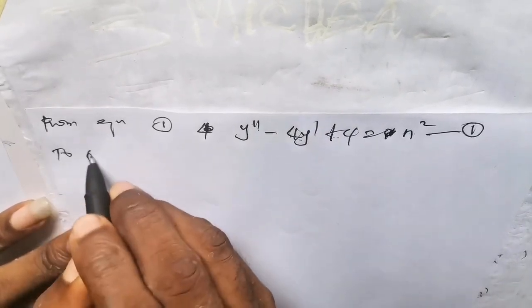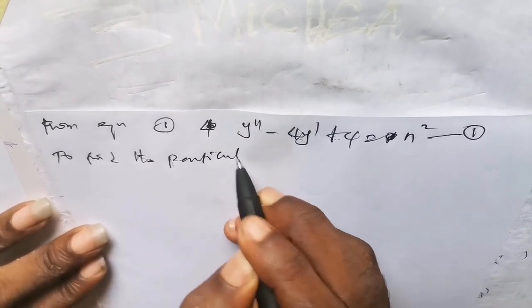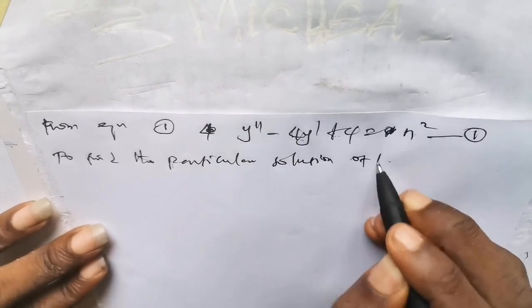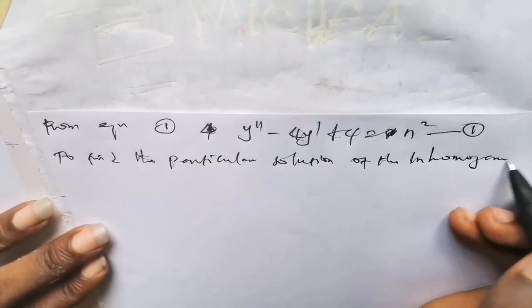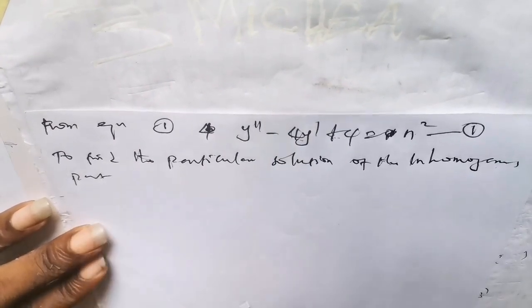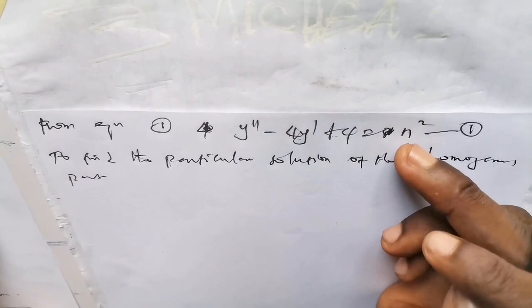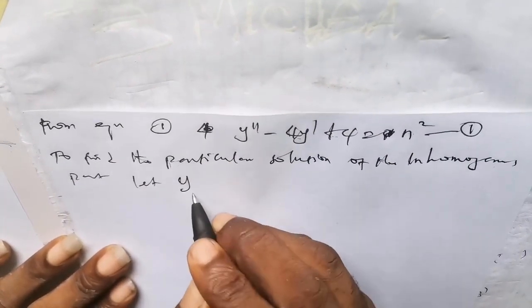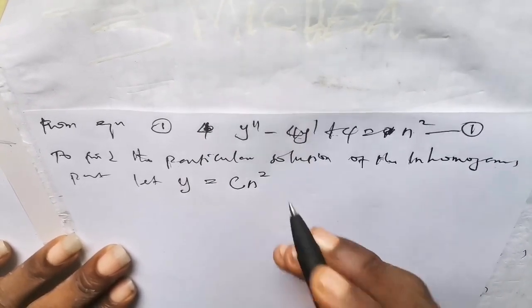So to find the particular solution of the inhomogeneous part, since you have the inhomogeneous part to be n squared, you simply say let y be equal to cn squared.